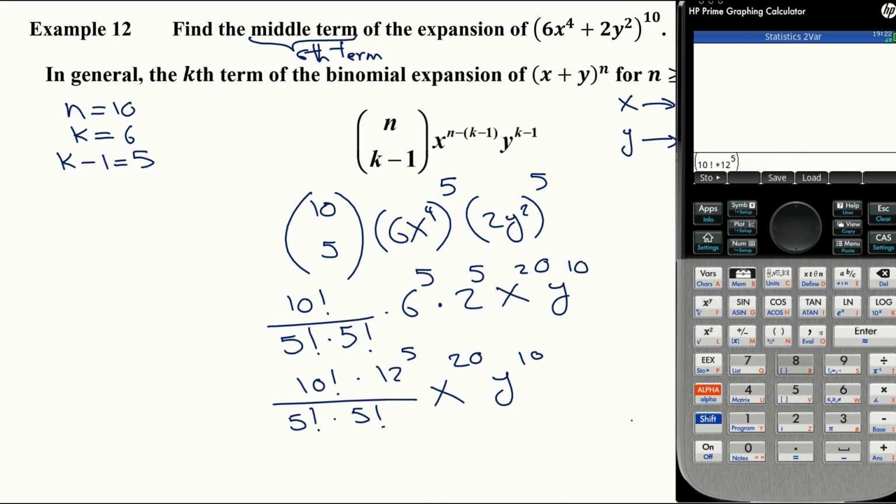We exit the parentheses and then hit divided by 5 factorial times 5 factorial, using toolbox, probability, factorial. And then we just hit enter. So there we have it: 62,705,664.